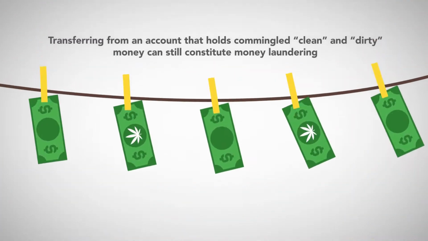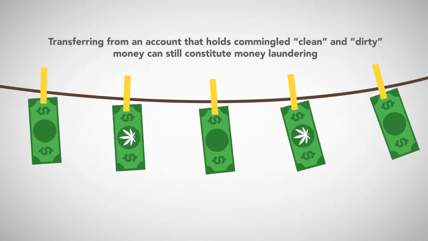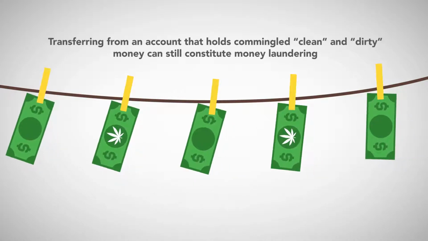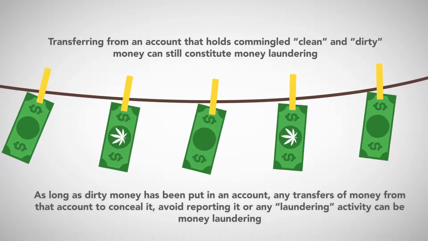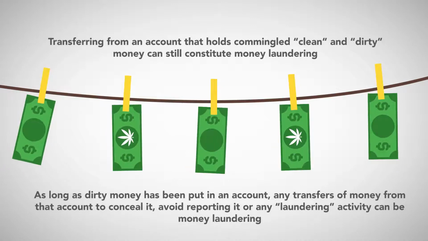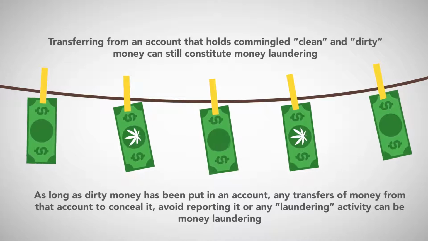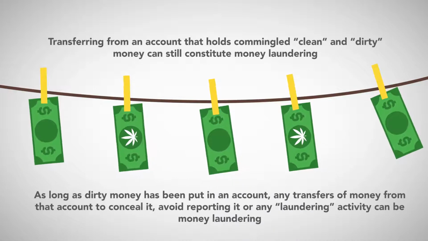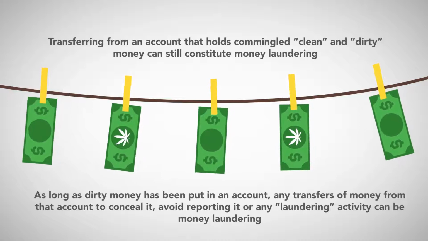Note, though, that transferring from an account that holds commingled clean and dirty money can still constitute money laundering. As long as dirty money has been put into an account, any transfers of money from that account to conceal it, avoid reporting it, or any laundering activity can be money laundering.